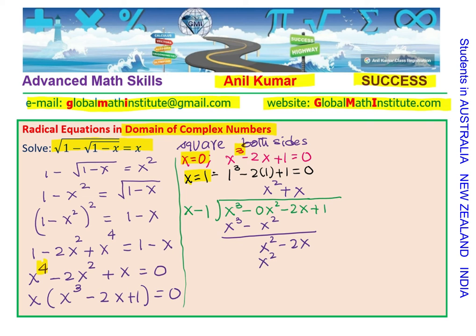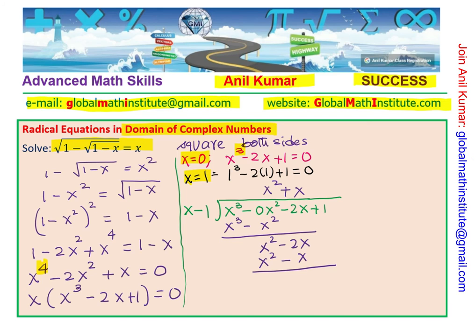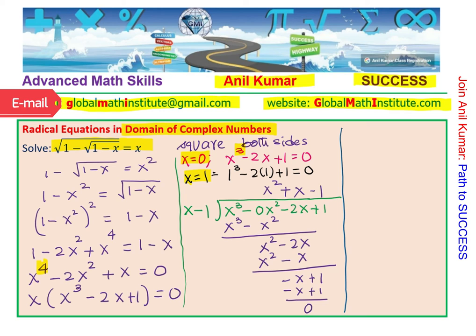We have x squared minus x, take away, so we get minus x plus 1. So minus 1 will give us 0 remainder, as we were expecting. And therefore what we get now is a quadratic equation. So we can write our equation as x times (x minus 1), that was a factor, times (x squared plus x minus 1) equals 0, of course.